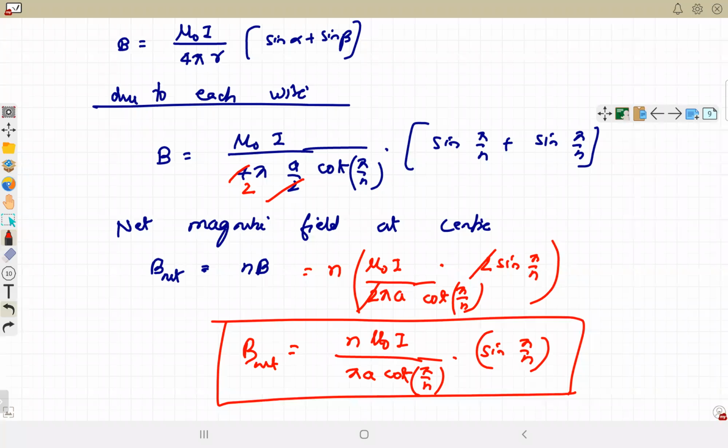Done. Now if we put n equal to infinity in this formula, it becomes mu naught I by 2r.